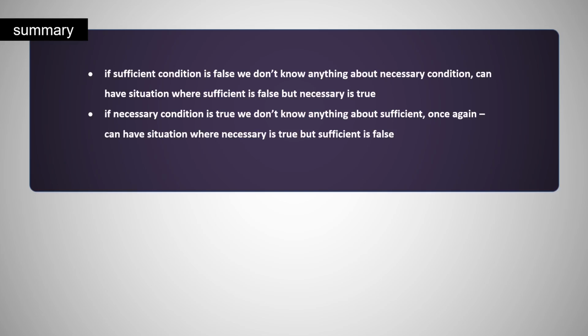So the top one, where the sufficient is false, is the way they'll try to trick you with the false negation. They make you think that with a conditional statement you can simply negate both of them and it's the same thing. That doesn't work. And in the bottom one, where the necessary condition is true, the way they try to trick you there is with a false reversal, where they give you a conditional statement and expect you to make the mistake that you can simply reverse the two conditions and everything is true.